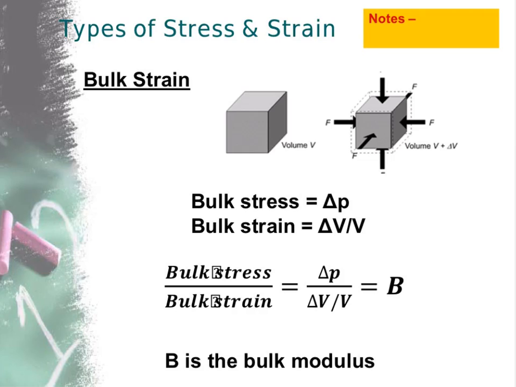So we've dealt with 4 different types of stress and strain. We've dealt with tensile, compressive, shear, and now bulk stress and strain. And we've learned about 3 different types of moduli. We've learned about Young's modulus, which applies to tensile and compressive.